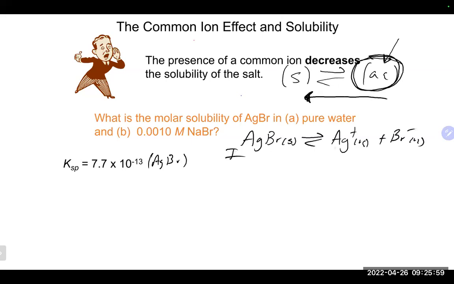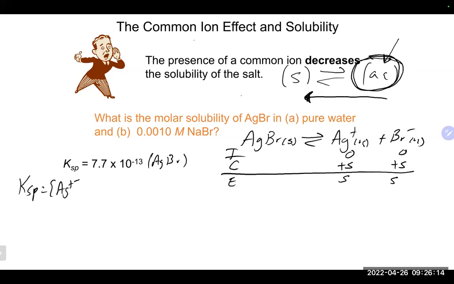Our initial would again be 0 and 0. Change would be plus S. At equilibrium, S and S. That means our Ksp would be the silver times the bromide, which gives us S squared equal to 7.7 times 10 to the minus 13.